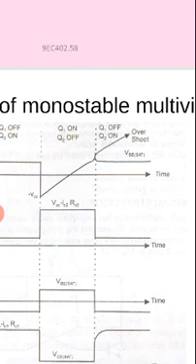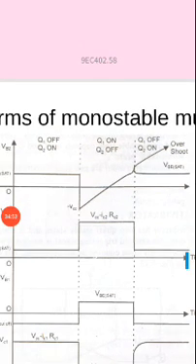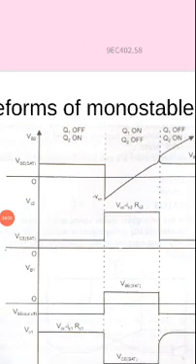Whenever Q2 is on, its input voltage VBE becomes VB sat value. For VC2, if transistor Q2 is on, output is VC sat. If Q2 is off, output is VCC.